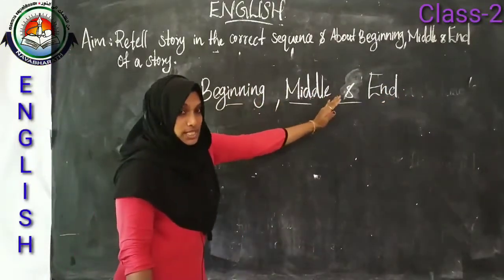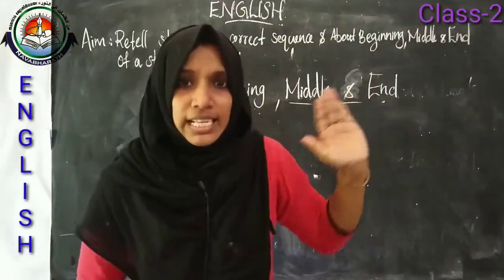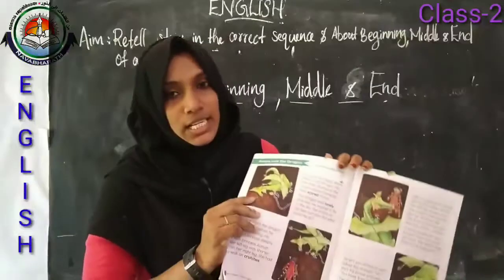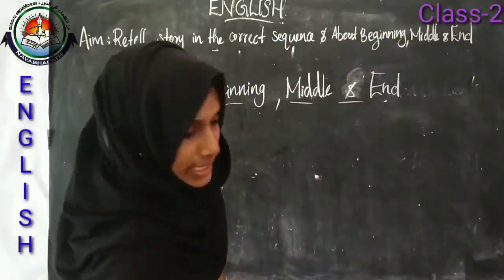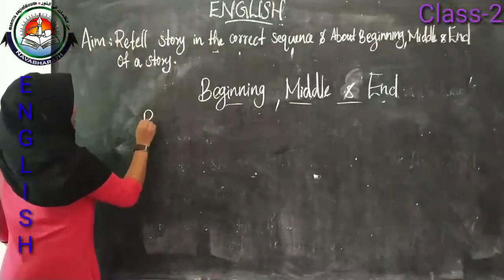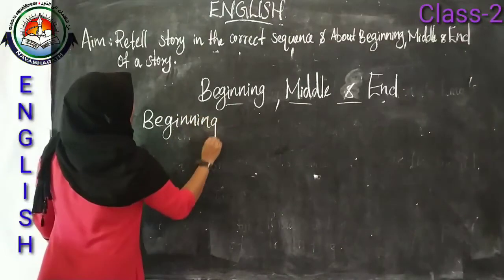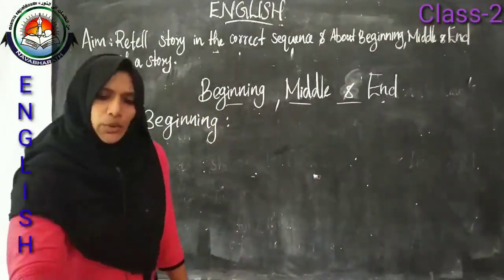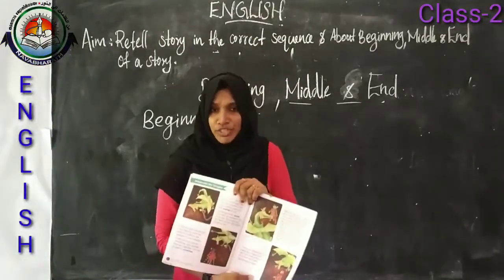In these orders, we want to write the most important things that happen in this story. So let's take the first order, beginning. What were the two most important things at the beginning of the story?